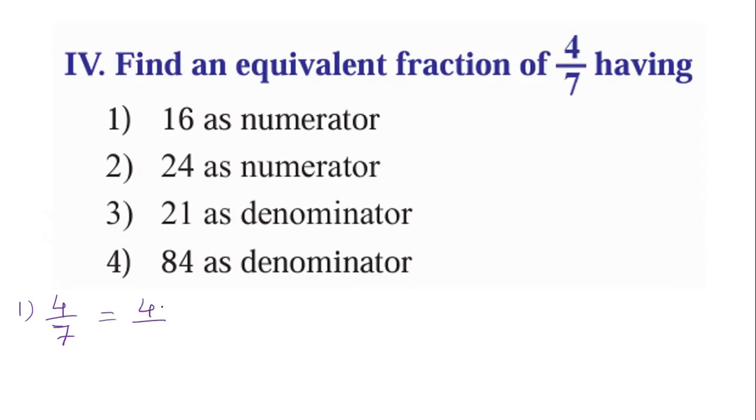If we want 16 as a numerator, just multiply numerator and denominator by 4. 4 4s are 16, 7 4s are 28.